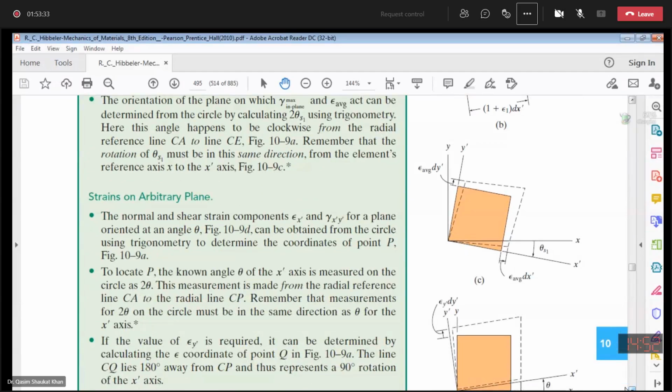So the normal and the shear strain components epsilon x dash and gamma x dash y dash for a plane oriented at an angle theta.